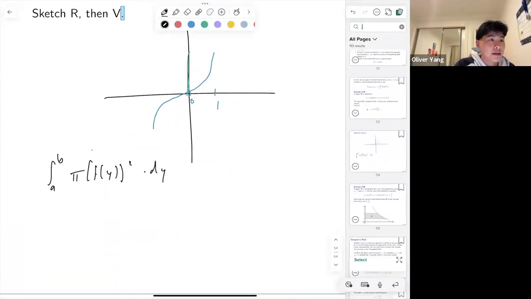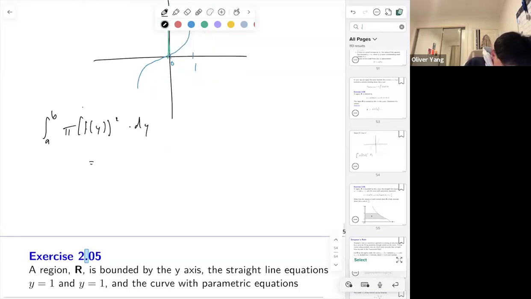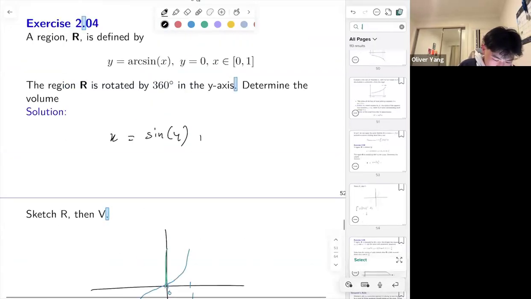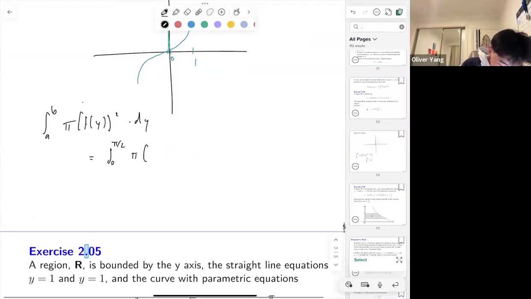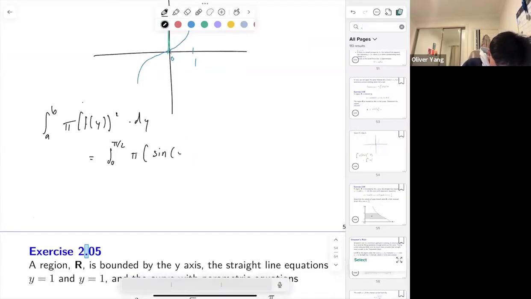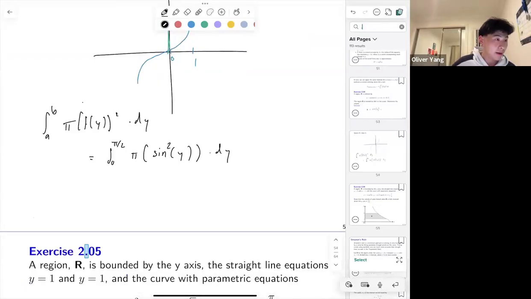What are a and b going to be? 0 to 2 pi? Yep, so we get 0 to, sorry, pi on 2, not 2 pi. And then we're going to take sine y squared dy.